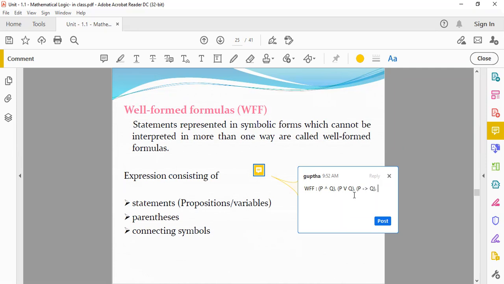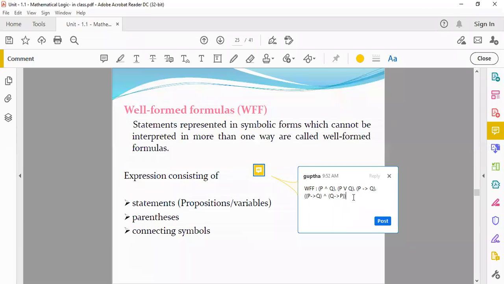And one more, for example, P implies Q and Q implies P. This is also a well-formed formula.